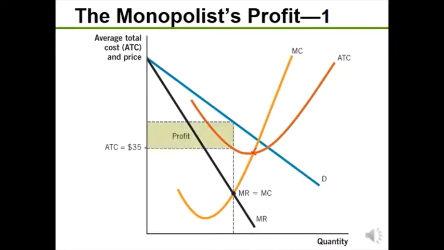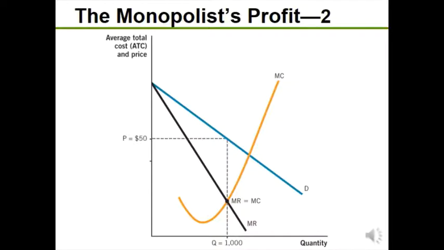And that profit, again, is just the number of units they're selling multiplied by the average profit per unit. In this case, 1,000 units times $15 average profit per unit. So they are earning an economic profit of $15,000.